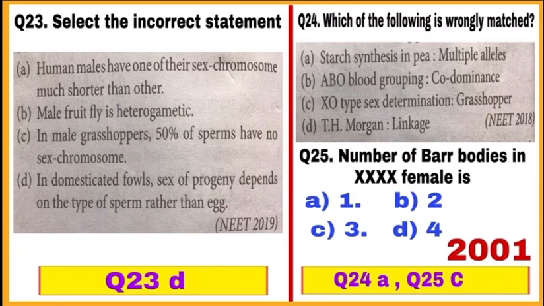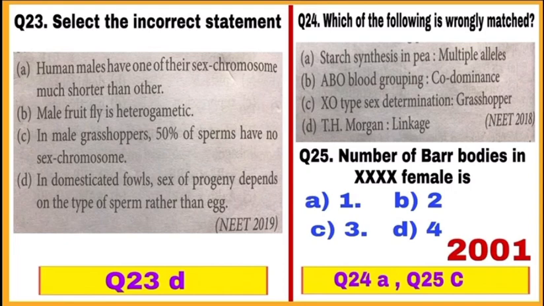Statement C, in male grasshoppers, 50% of sperms have no sex chromosome. This is also correct. In grasshopper, XO type of sex determination is present, where males have XO chromosomes. So, in male grasshopper, 50% of sperms have no sex chromosomes.